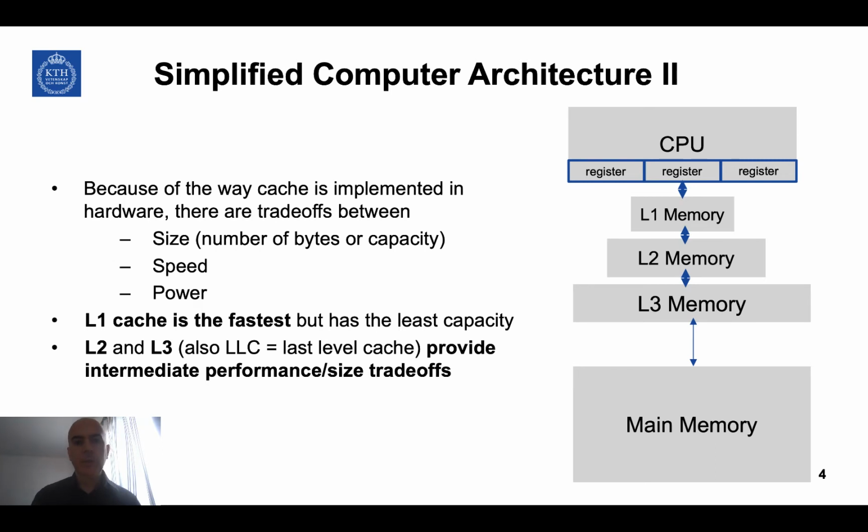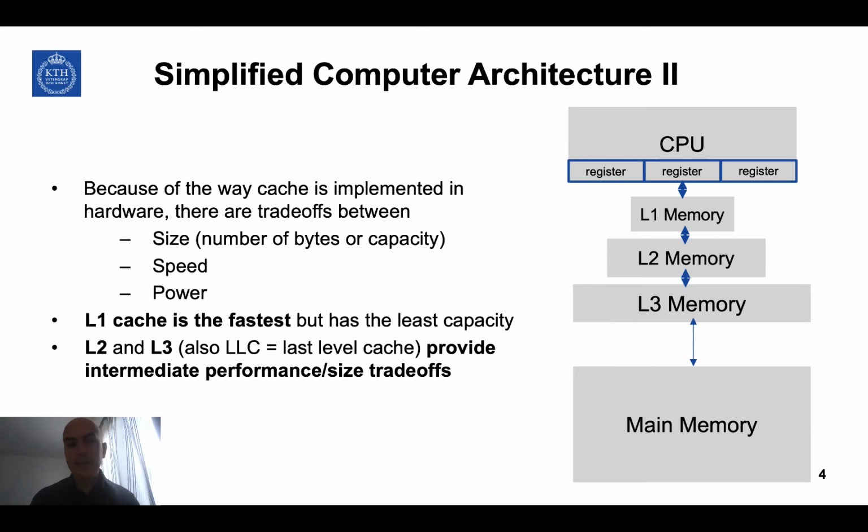So let's look in more detail at the cache memory system. Because of the way caches are implemented in hardware, there are trade-offs between the size of the cache, that is the number of bytes the cache can contain, also called capacity, the speed, and the power.